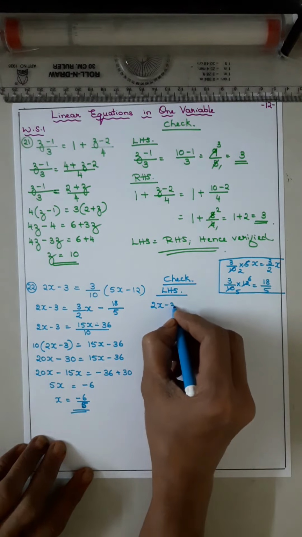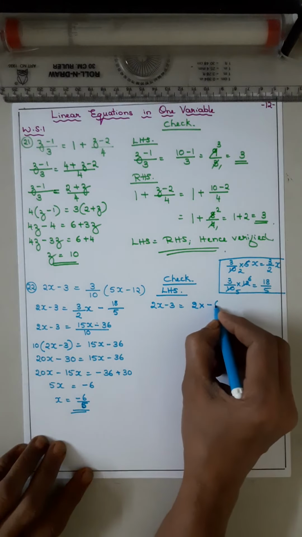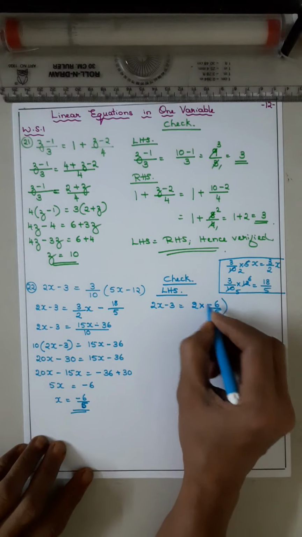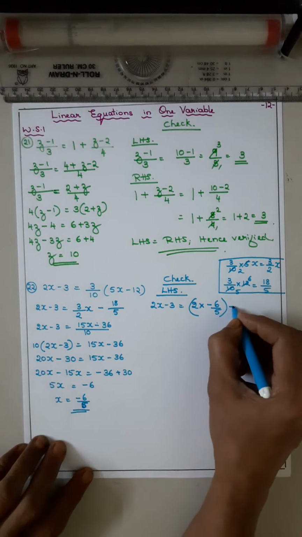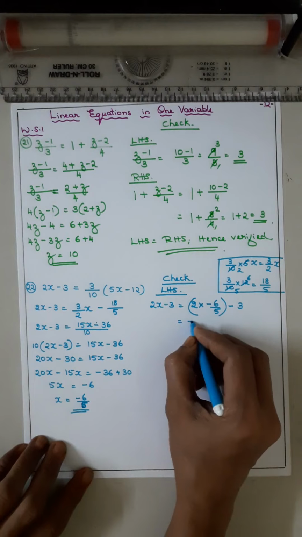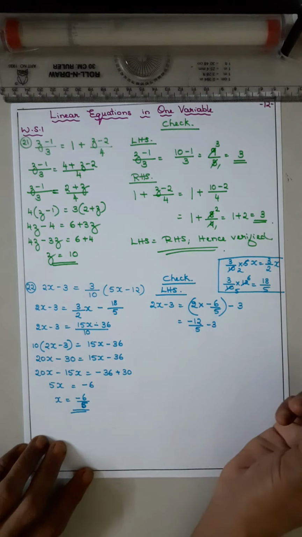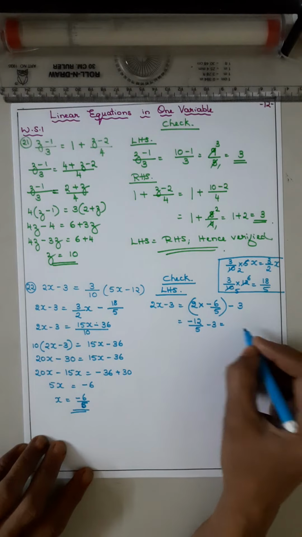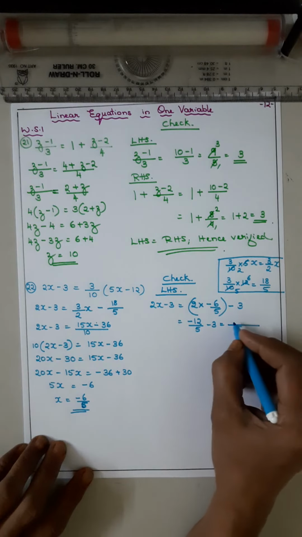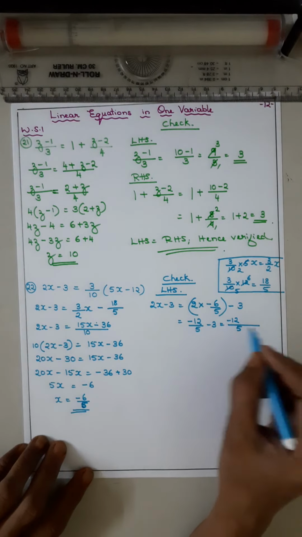2x minus 3 is equal to 2 into minus 6 by 5 within the bracket, minus 3. There is no cancellation, isn't it? So 6 2s are 12, it will be minus 12 by 5 minus 3. Okay, take the LCM. 5, minus 12 will be as it is, isn't it?